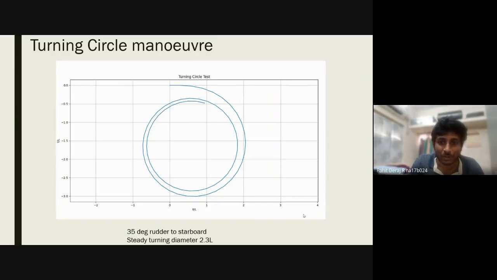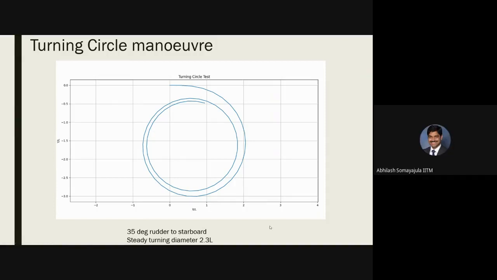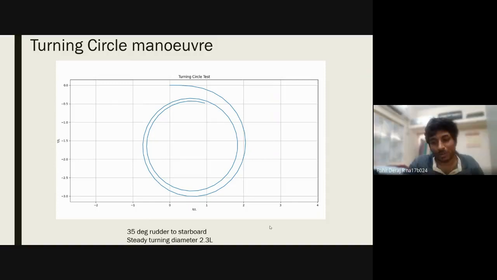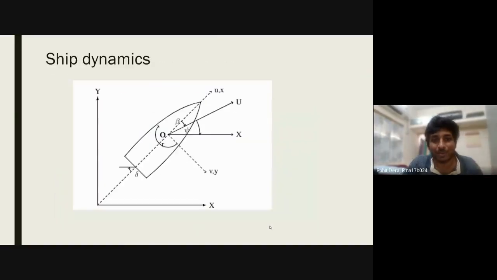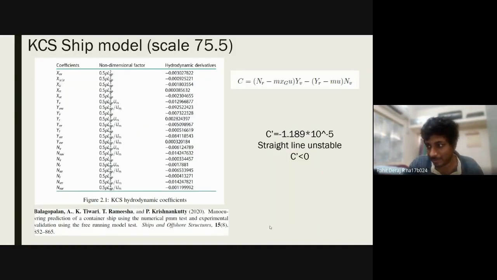I chose values of Y delta and N delta such that the turning circle radius comes out to be 2.3 times the ship length. So 2.3 times the ship length was the turning circle radius mentioned in the paper from where I took the KCS ship hydrodynamic coefficients.